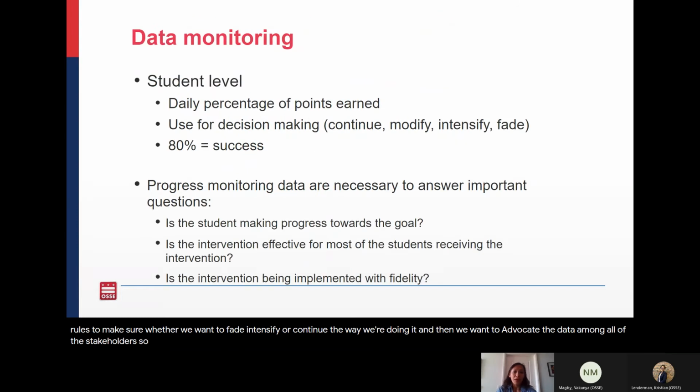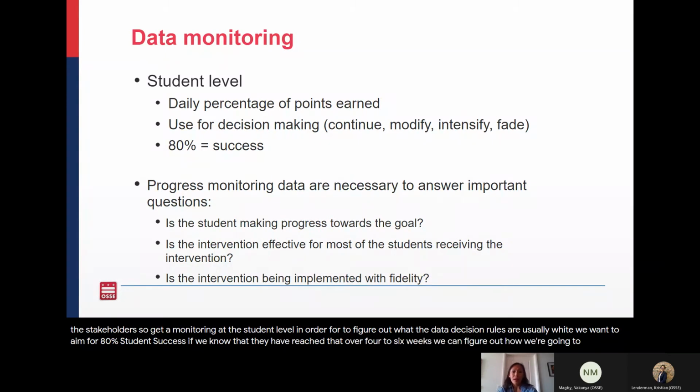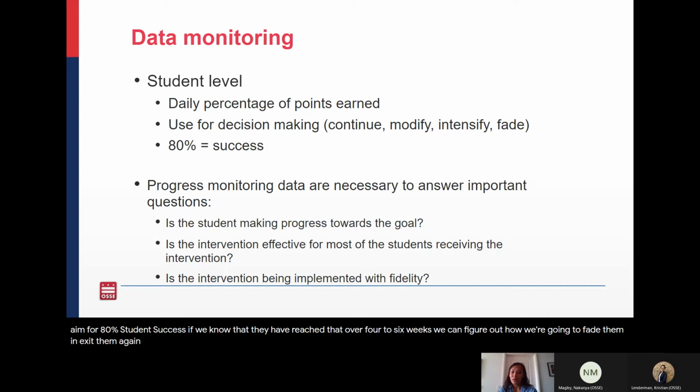So with data monitoring at the student level, in order to figure out what the data decision rules are, usually we want to aim for 80% student success. If we know that they have reached that over 4 to 6 weeks, we can figure out how we're going to fade them and exit them. Again, check in, check out is not supposed to be lifetime.